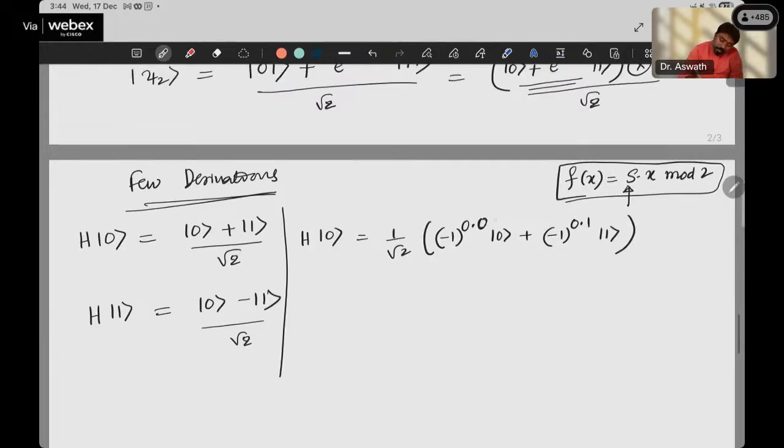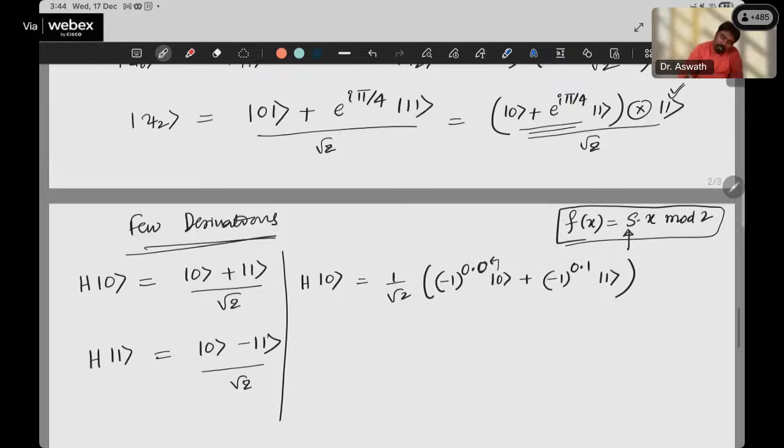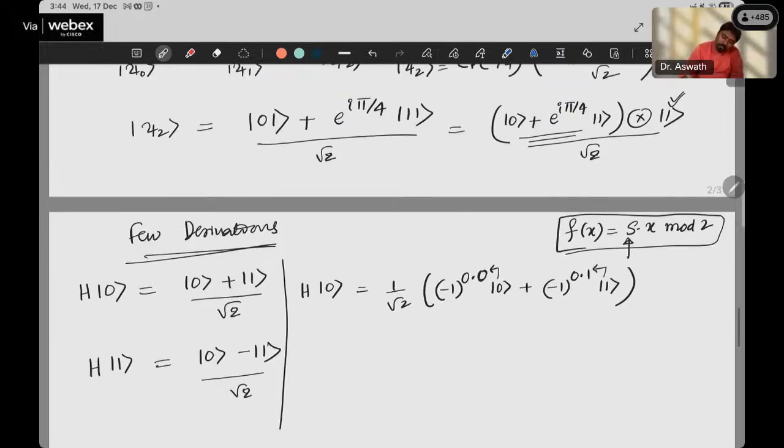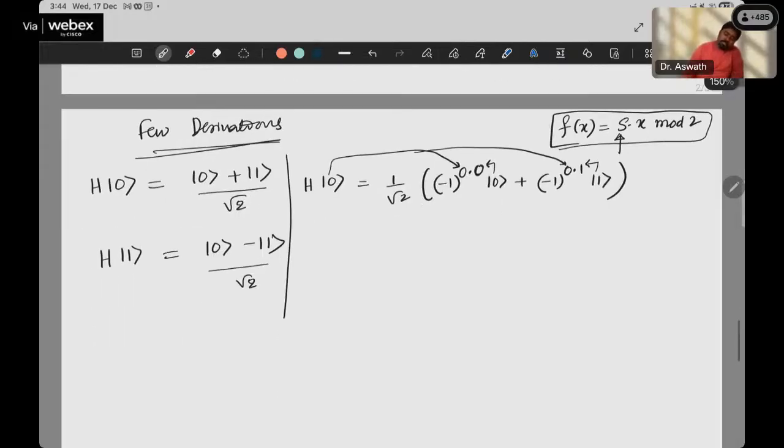This second 0 is coming from the ket, and the first 0 is this one.